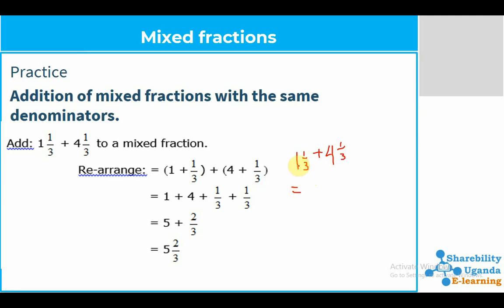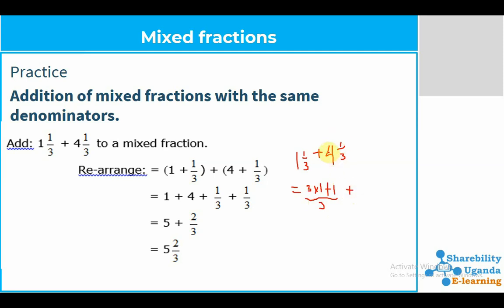We say 3 times 1. 3, which is the denominator, times the whole number, which is 1. Then you also add our numerator, which is 1. This is going to be out of our denominator 3. Then you also add this.